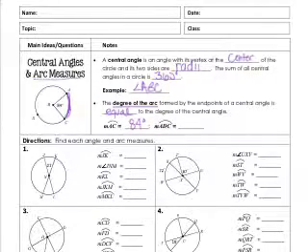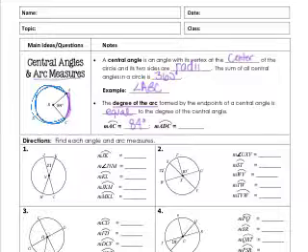Alright? So now I see that this is an arc marked by 3 letters, so that means that it's a major arc. So it's going to be ADC. So I'm talking about the rest of the circle.